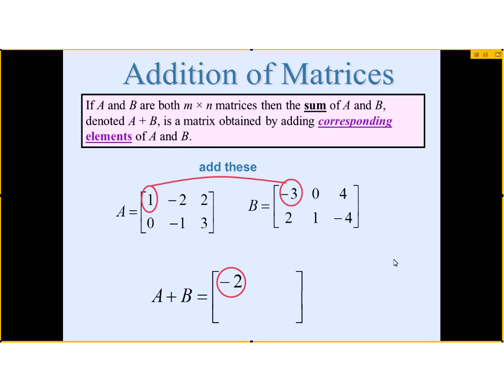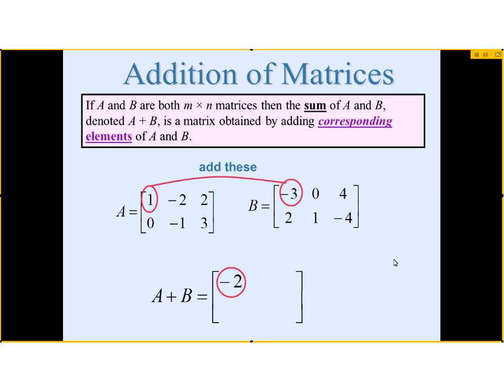We take the first element of matrix A and the first element of B, then adding them, -1 plus -3 is equal to -4. This is the procedure to add these two matrices.